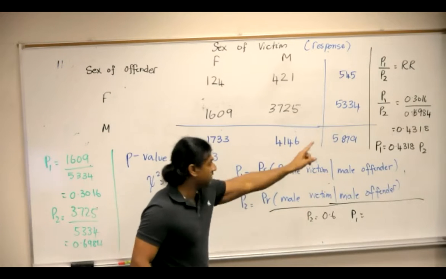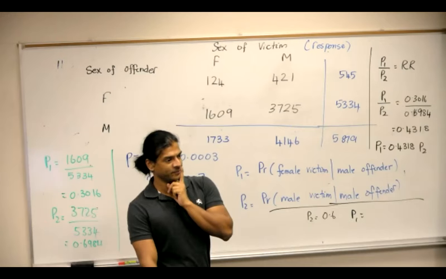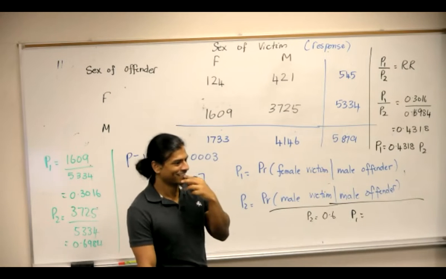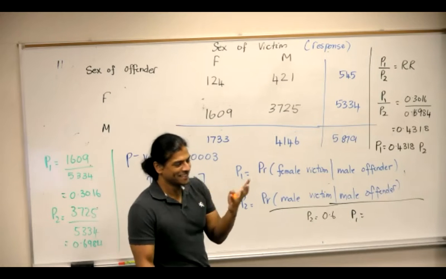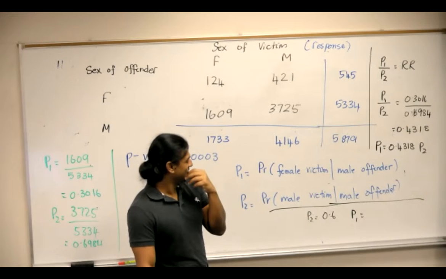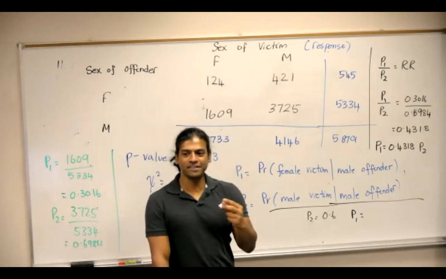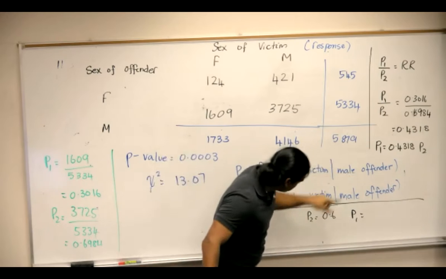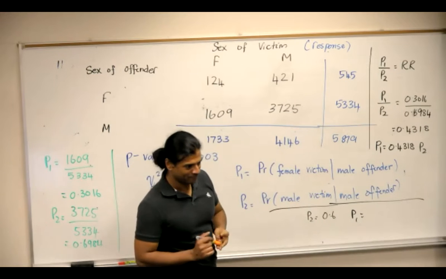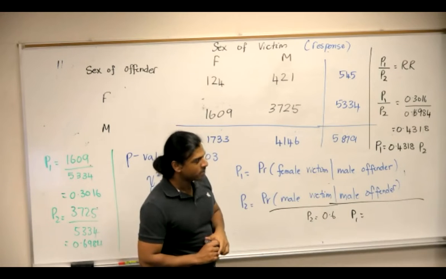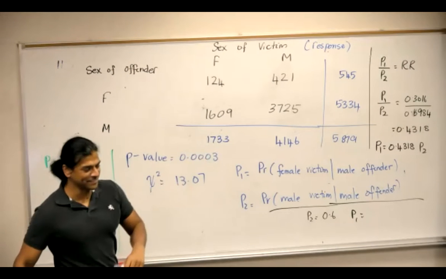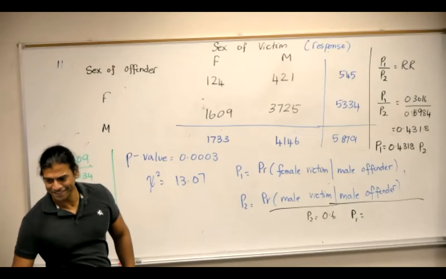What would P1 be according to our relationship? You guys are just talking to yourselves. 0.3? How do we find P1 if P2 is 0.6? Just 1 minus? You're not leaving this classroom until I get an answer.